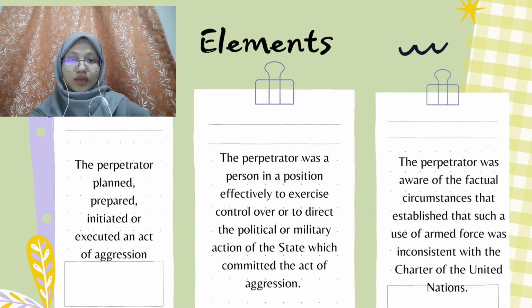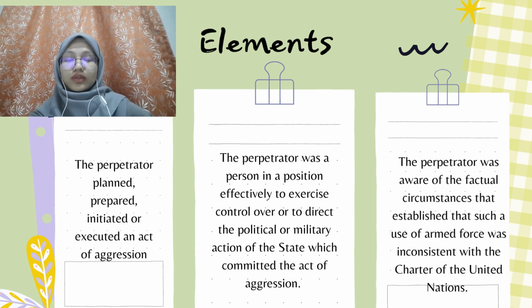Next, let's talk about the elements of crimes of aggression in the ICC. In this section, I will state the elements. There are six elements in the crime of aggression.